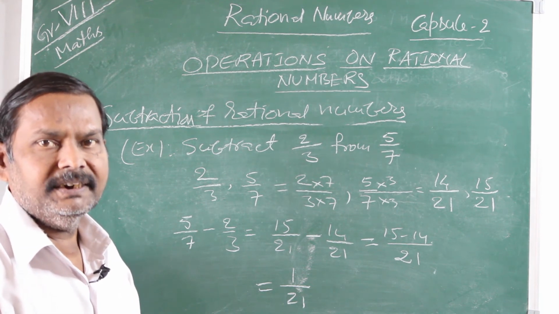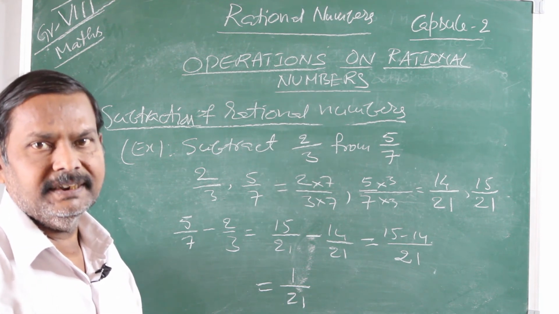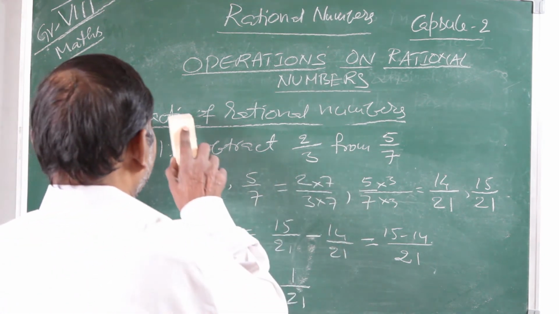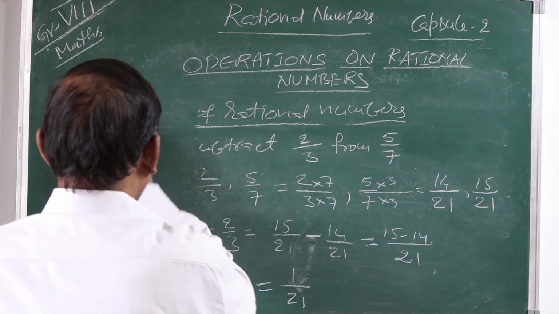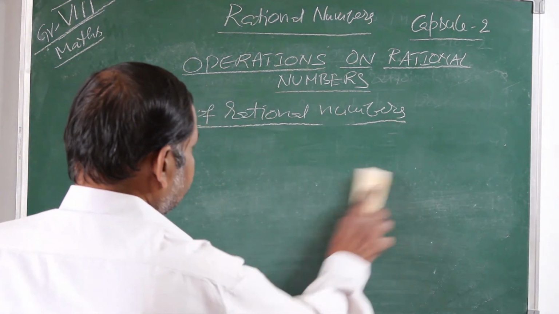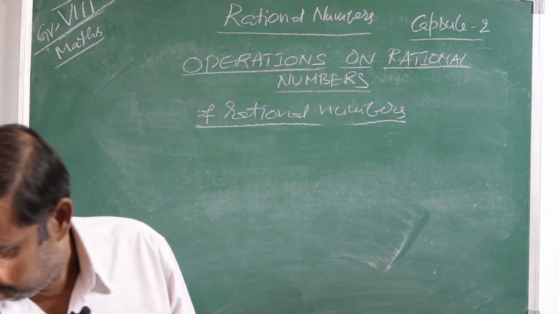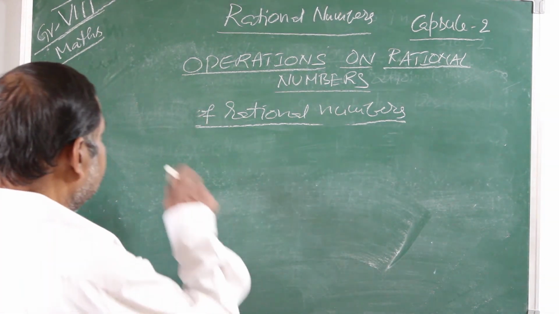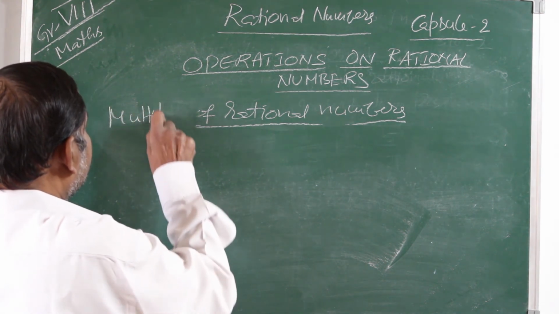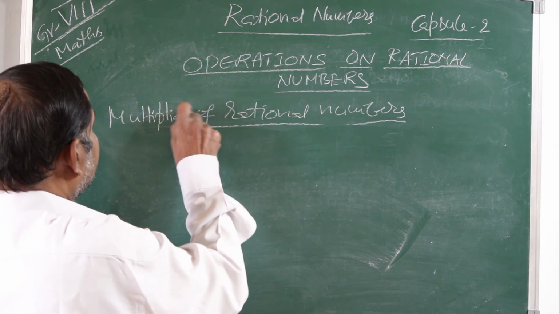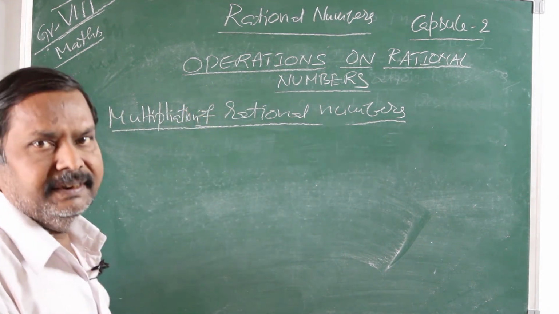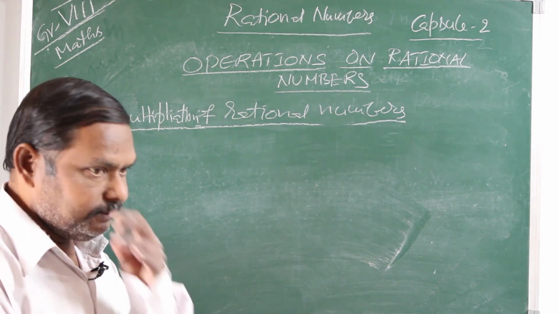After finishing the subtraction of rational numbers, now let us discuss multiplication of rational numbers. Next in the list is multiplication of rational numbers.